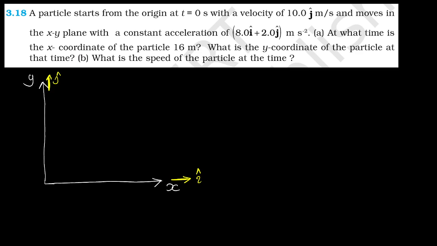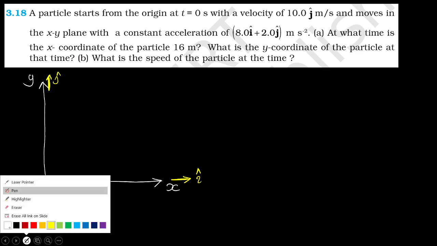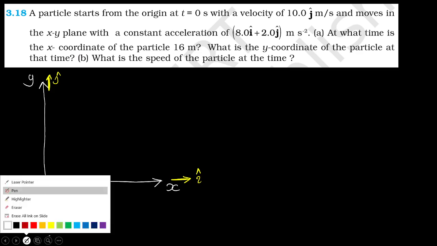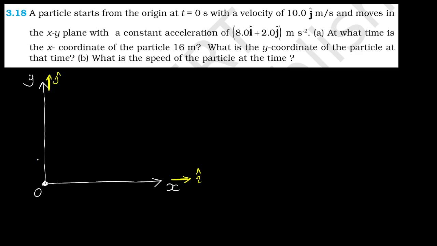Okay, let me explain a few more things. After that you can ask me doubts. So a particle starting from origin, this is a plane actually, this is the origin. A particle is moving from the origin with a velocity 10 j cap. 10 j cap means that j cap means y-axis, right?